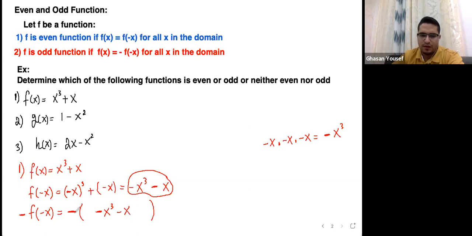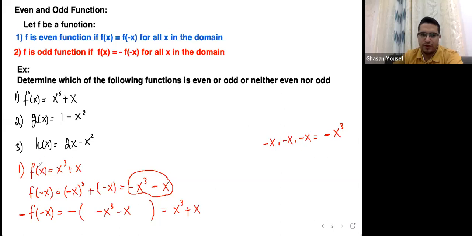Now you distribute the minus inside the parentheses. Minus times minus is positive x cubed, and minus times minus is positive x. Now you have to compare the first one with the second one and the first one with the third one to check if the function is even or odd.